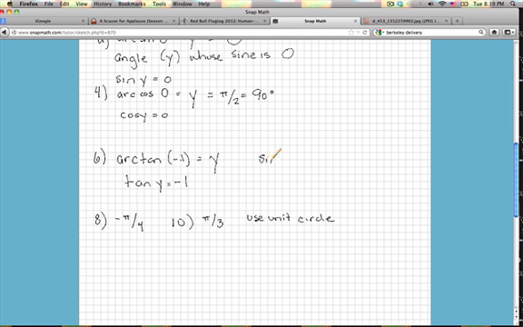So this is the same thing as saying sine y over cosine y is equal to -1, because tangent is a ratio of sine to cosine. And that's the same as saying that sine and cosine are really the same number, they're just opposite signs, meaning one's negative and one's positive, but they're the same number.